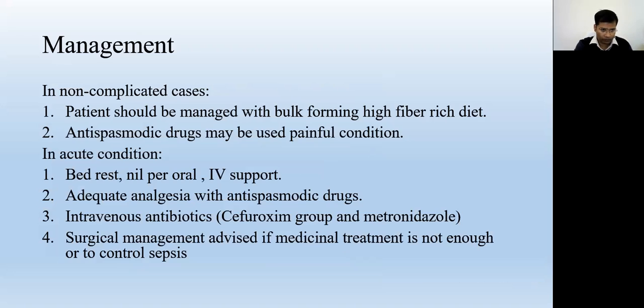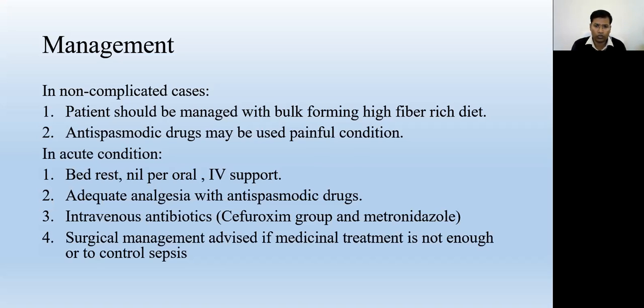Treatment: in non-complicated patients, the patient should be managed with a bulk-forming, high-fiber-rich diet, and antispasmodic drugs should be given in painful conditions. Means if the patient is not very much complicated, then just diet is advised. A bulk-forming diet should be advised so that the fecal matter comes in bulk.